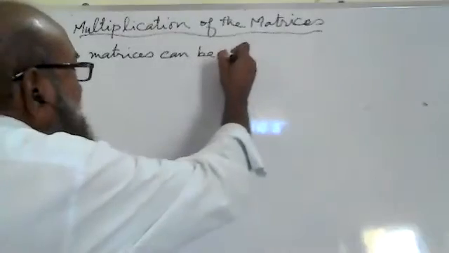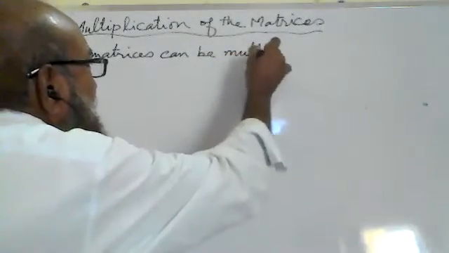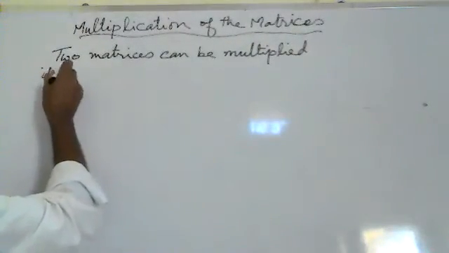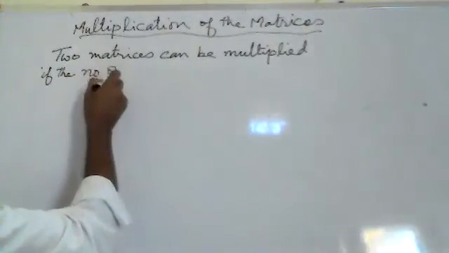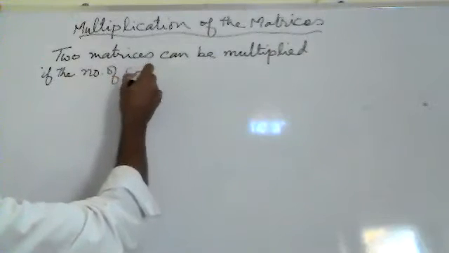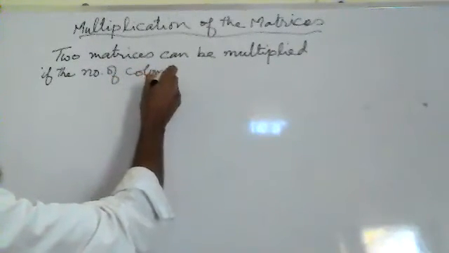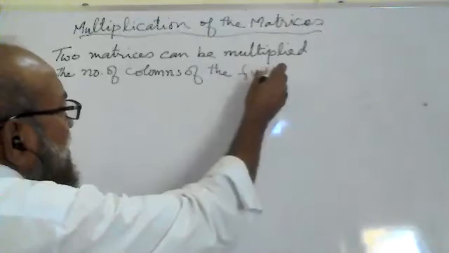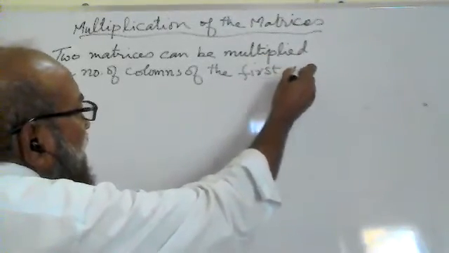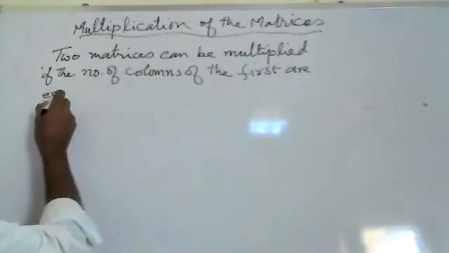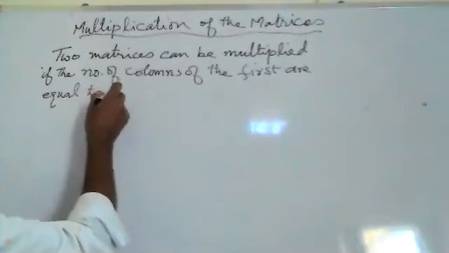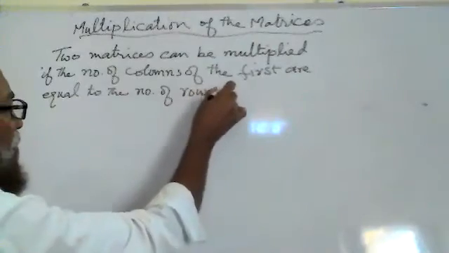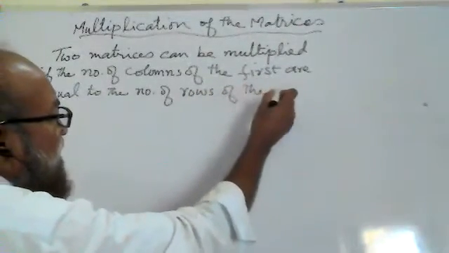Two matrices can be multiplied if the number of columns of the first matrix are equal to the number of rows of the second matrix.